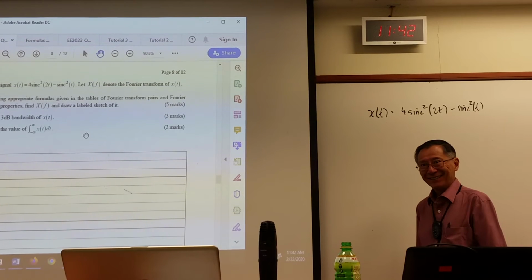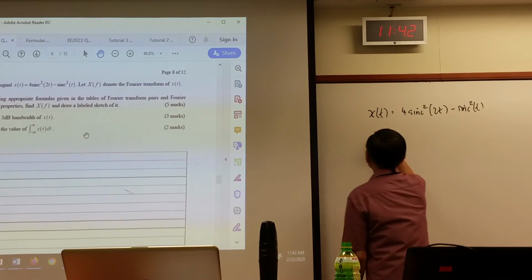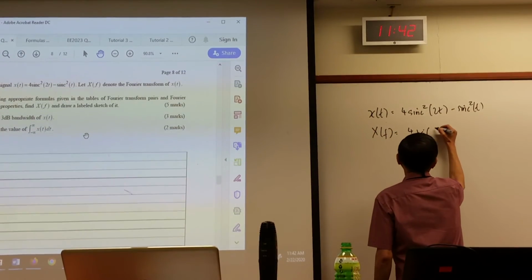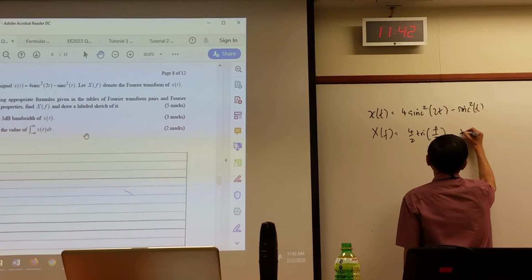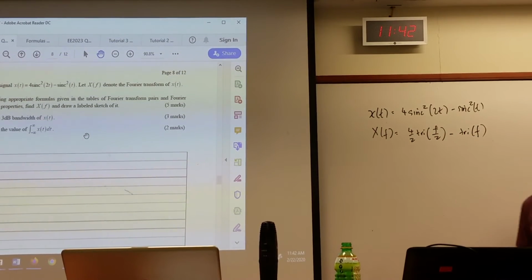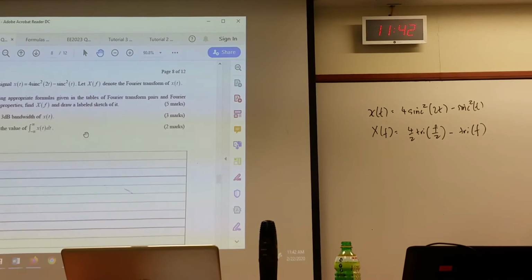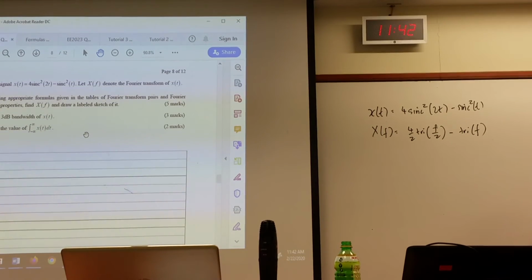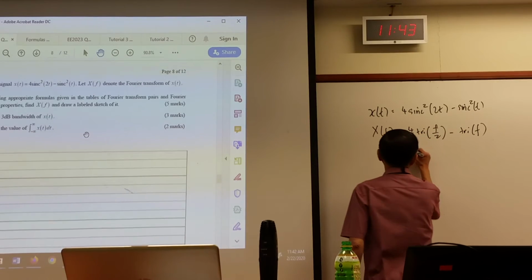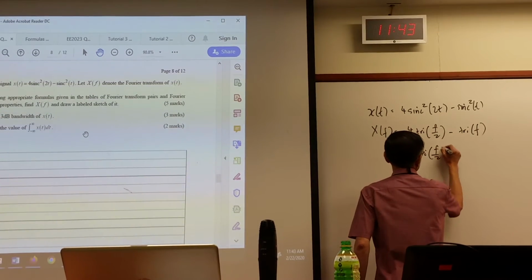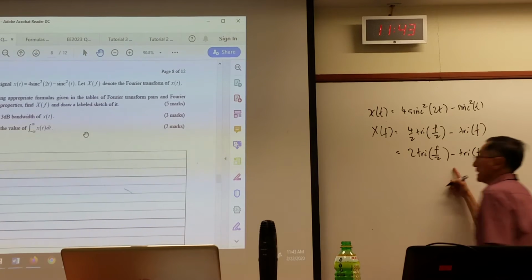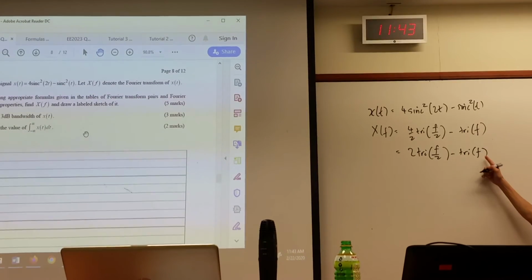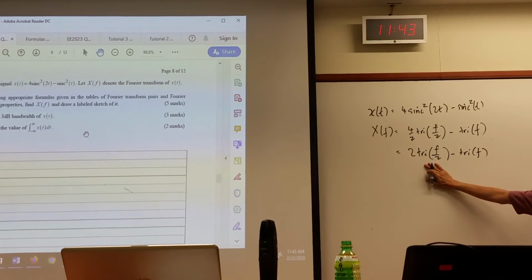Okay, so xf is 4 over 2 tri f over 2 minus tri f. Use your formula sheet now. Now a label sketch. Okay? Can sketch or not? Got 2 tri. Okay?